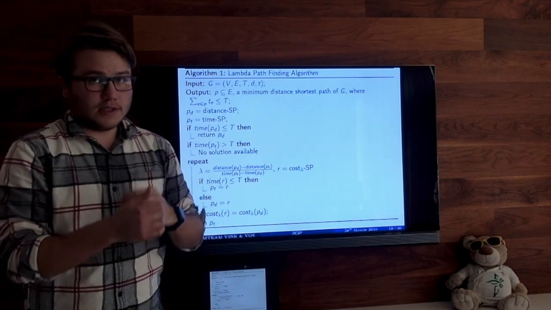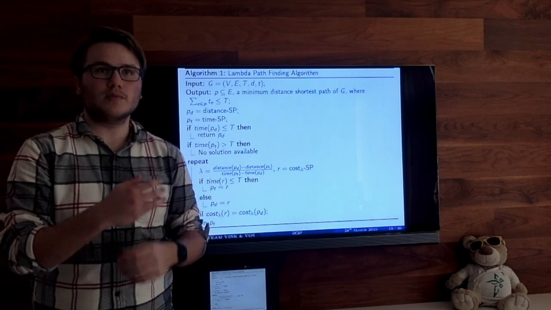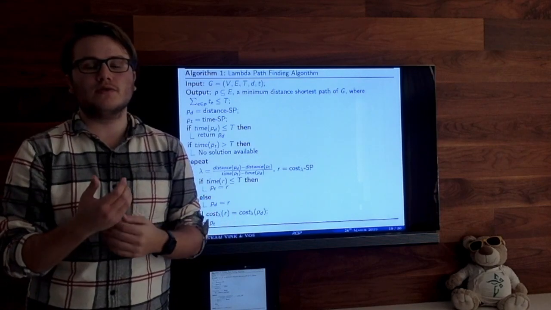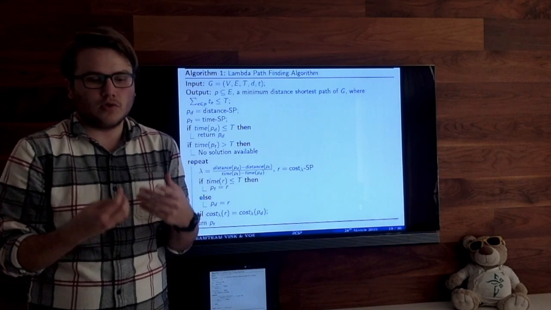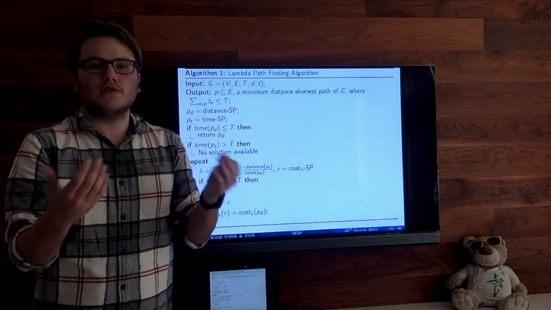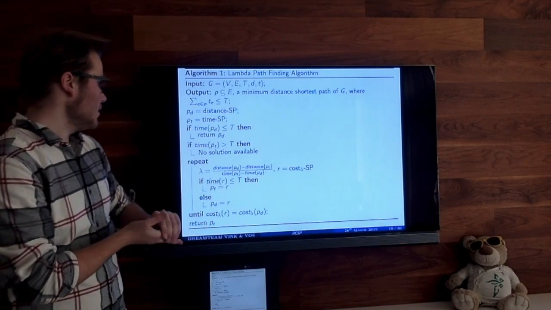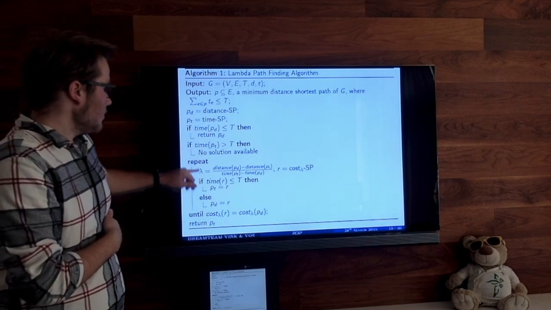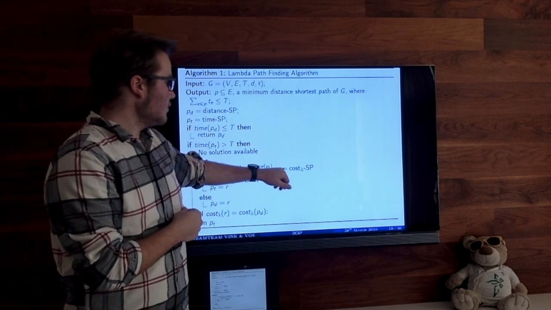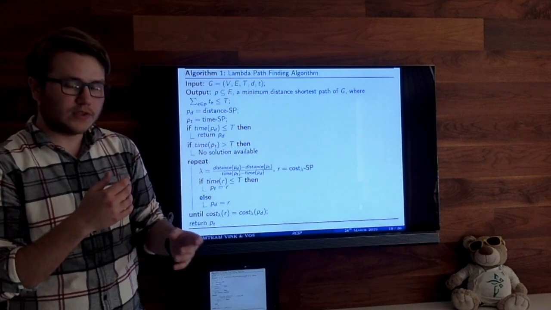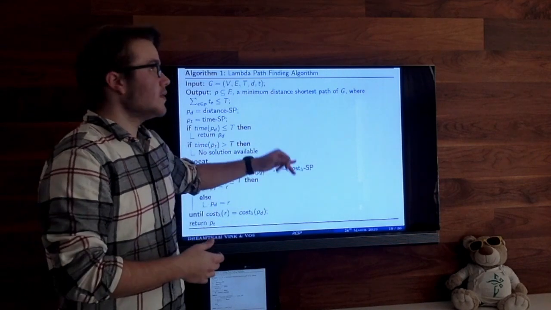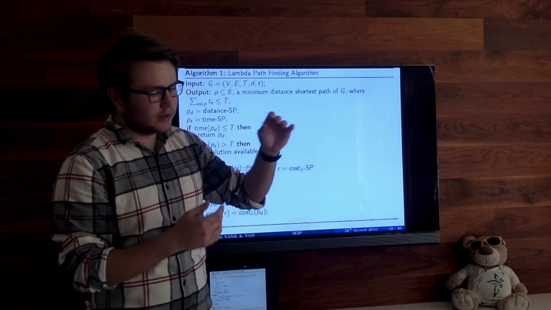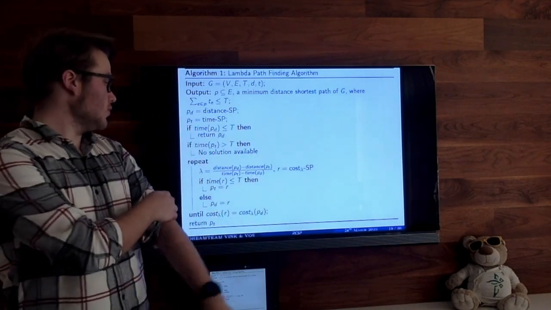However, if our time shortest path is higher than the time constraint, then we know there's no solution available because the shortest time to get from S to T is already exceeding the time constraint. So we know there's no solution available. And then we have the heart of our algorithm again, where we compute the lambda and we set the cost of this new path r, which is equal to the shortest path regarding the costs.